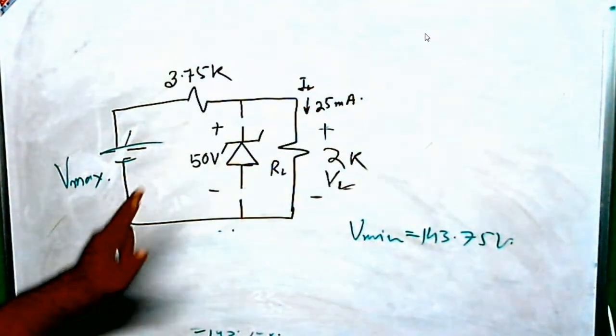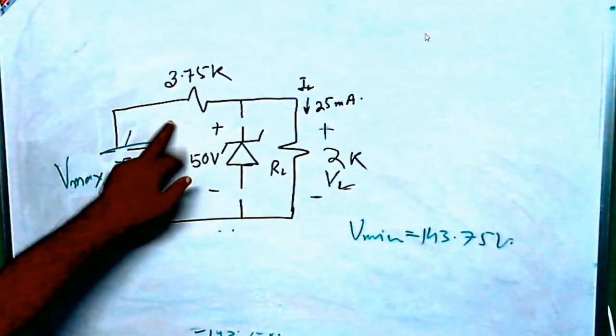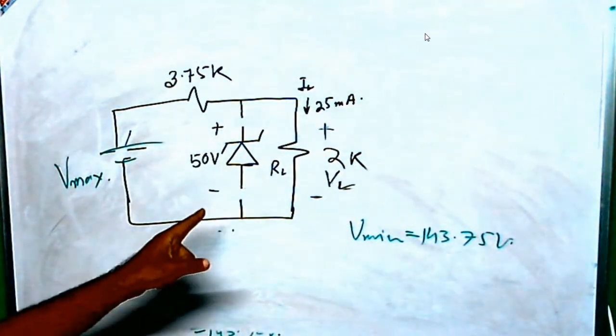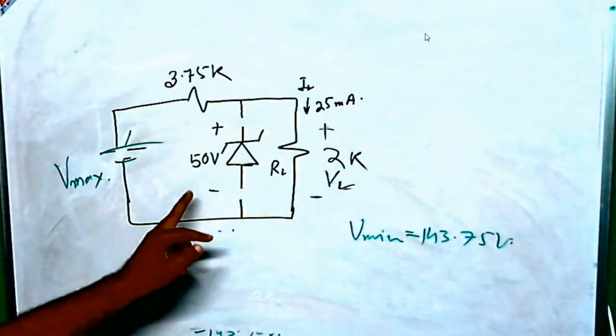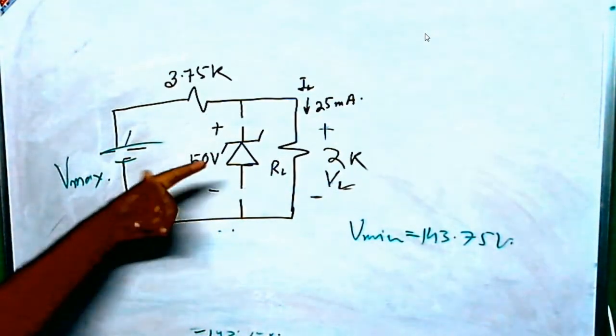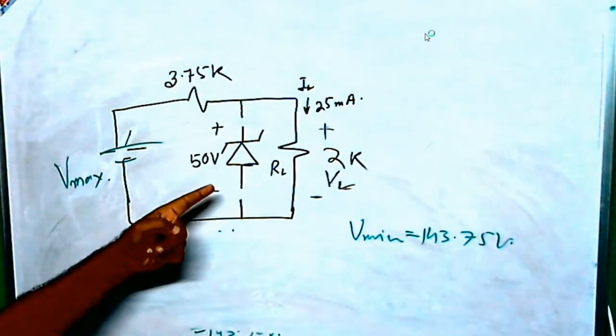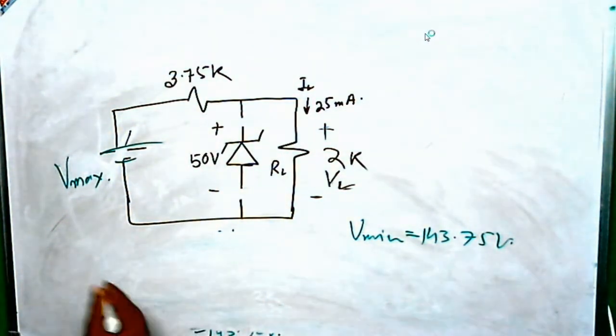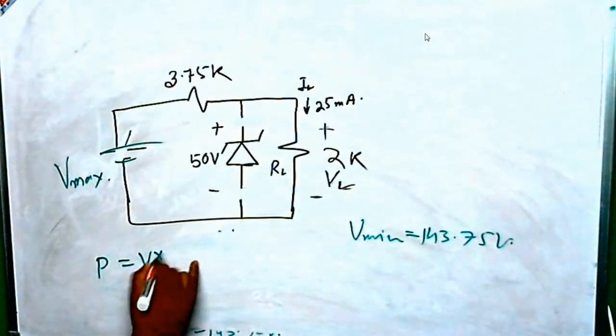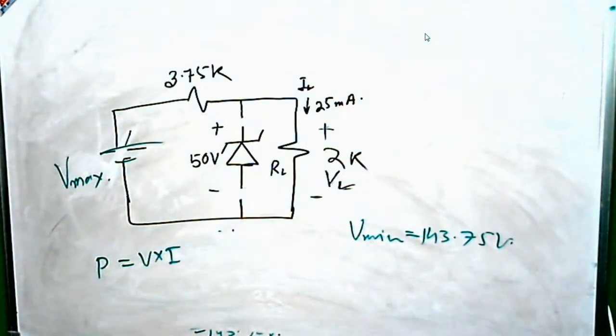As this current is increasing, the current through this Zener diode is also increasing. So the power dissipation across the Zener diode is increasing, right? Because as the current is increasing, power dissipation will increase, because power is basically voltage into current. That is the important point.